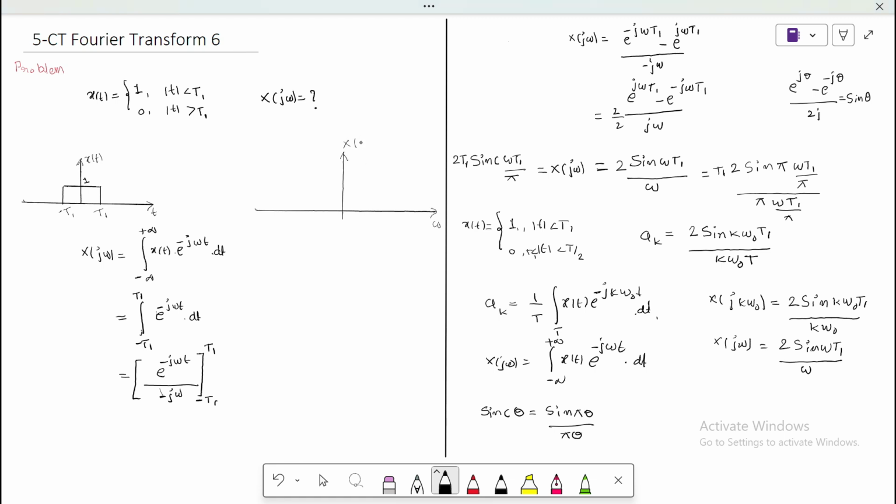X of j omega versus omega. The maximum value at omega equal to 0 is 2 t1. This is the maximum value. Here I'm drawing the sinc function.